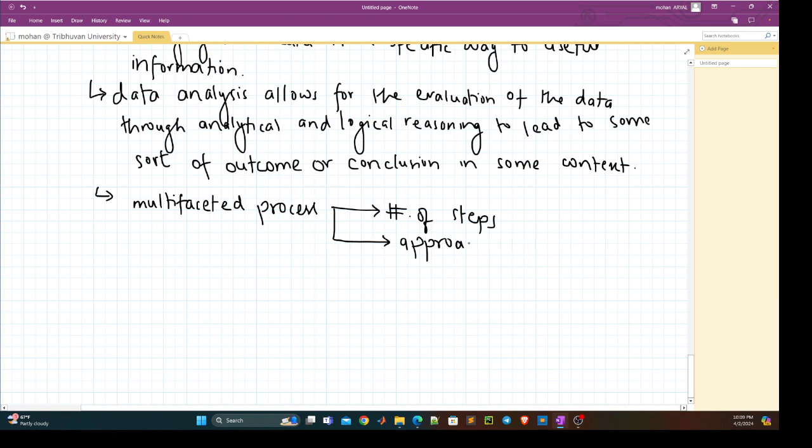How are we gonna approach certain types of problems, and we will use diverse techniques in order to analyze the given data.